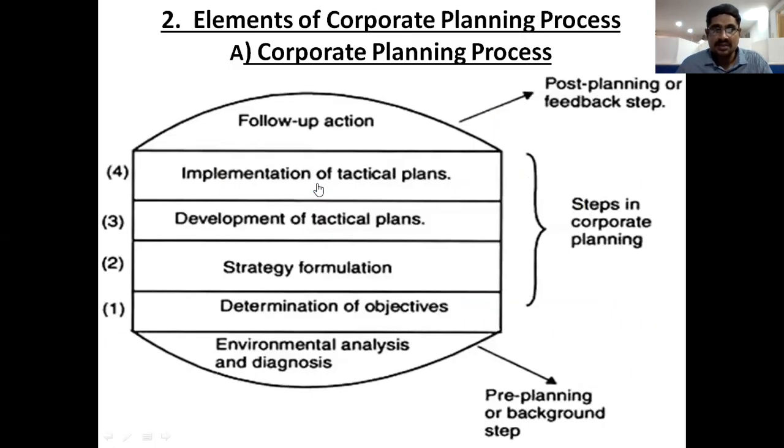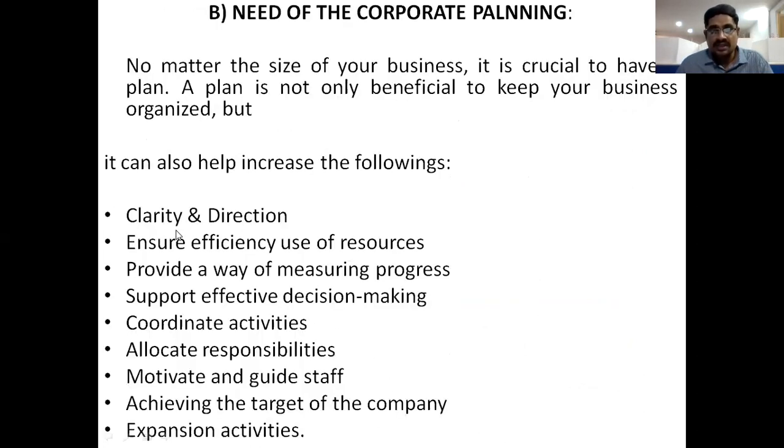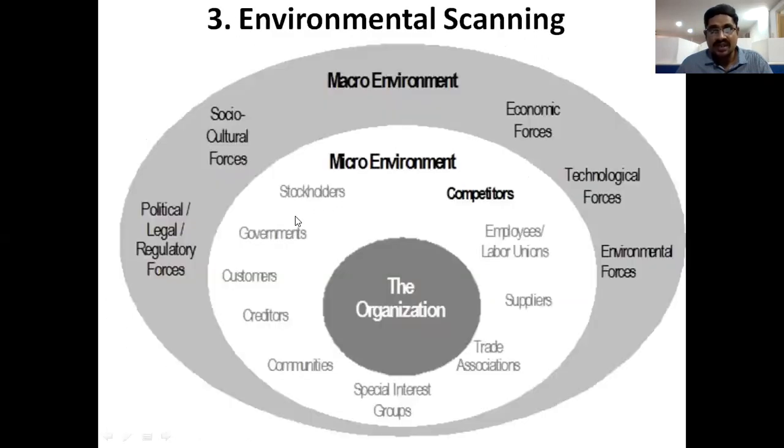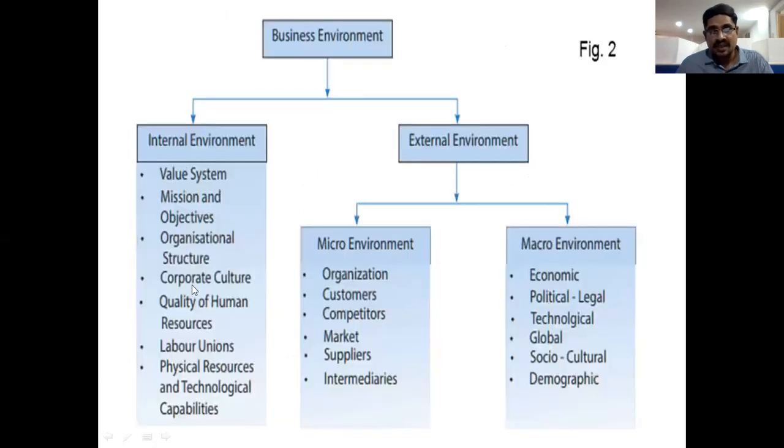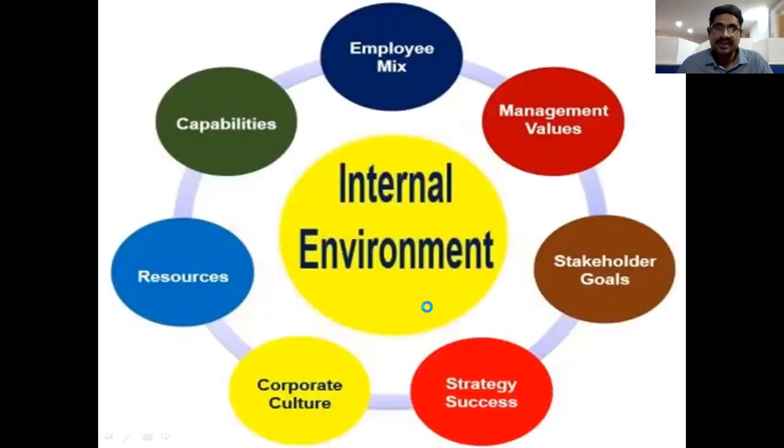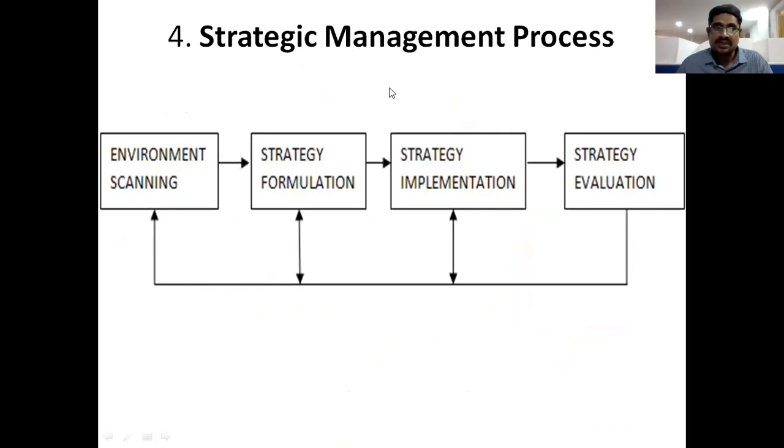So coming to here: types of plans, corporate planning process, the needs, objectives or benefits of corporate planning, environmental scanning, internal environment and external environment. Strengths and weaknesses come from these things. Opportunities and threats come from these two things. Right, we already discussed the strategic management process.